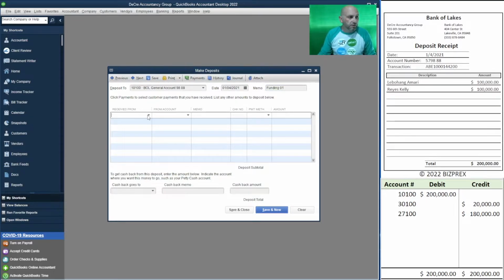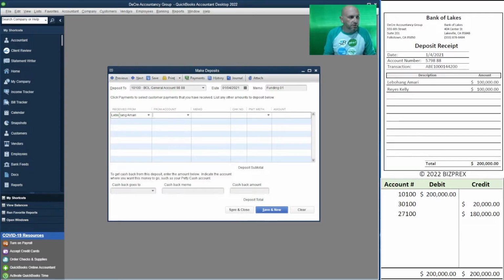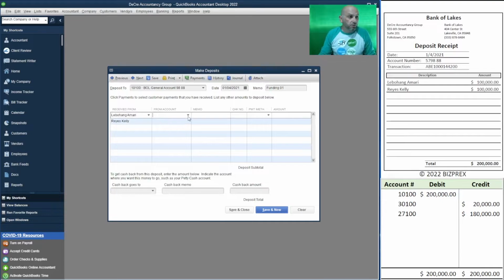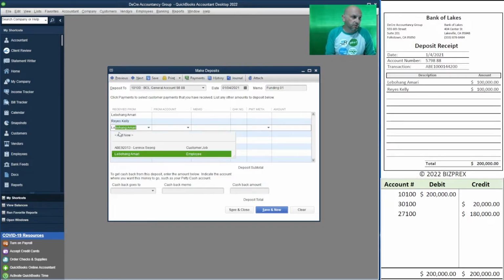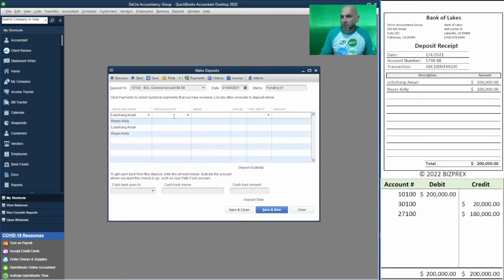Very good. And in our instance, it's received from the owners, right? So we're going to put their names, Lebahang and Reyes. Right, they're the owners. What is the account? So we actually should do them twice here. And one of it, you know, we have it right here. It's capital stock. And let's say 50%. It was probably a check, right? So again, 10,000.